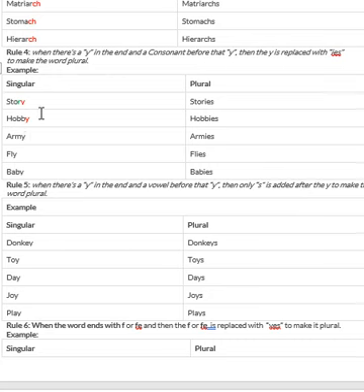Whenever the word ends with y and before y there is a consonant, the y is replaced with ies to make the word plural.